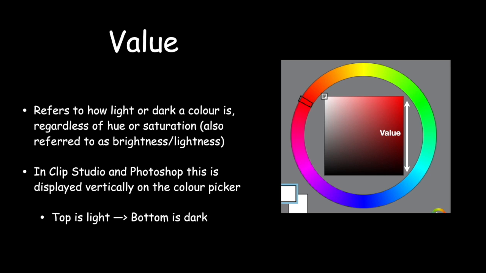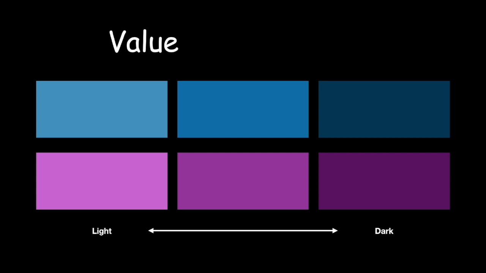So for example, white is a very light value, and black is the darkest value, but you can also have a super saturated red that is a very light value, or a fully saturated red that is a very dark value, if that makes sense. So to give you an example of value, the colors on the left are very light, the colors on the right are dark.